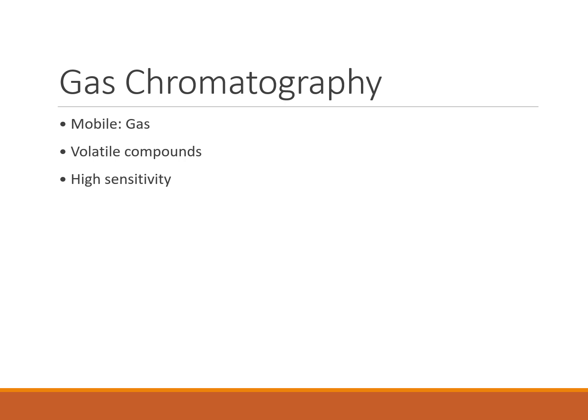Gas chromatography is a very useful and very sensitive technique, but it is used for volatile components, and here the mobile phase is a gas. The gas mobile phase is used so that volatile components can be separated. It is a very powerful, highly sensitive and accurate technique.